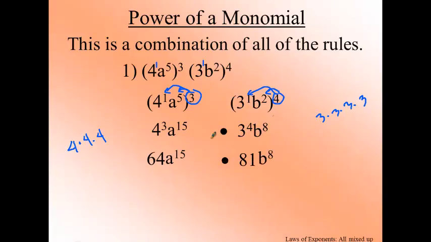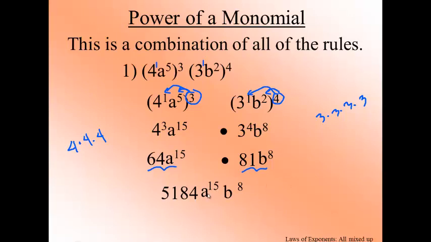So I have here a monomial times another monomial. Multiply first your coefficients. 64 times 81, and that's 5,184. Bring down a15 and then bring down b8.